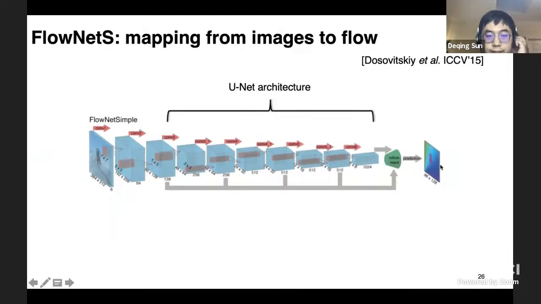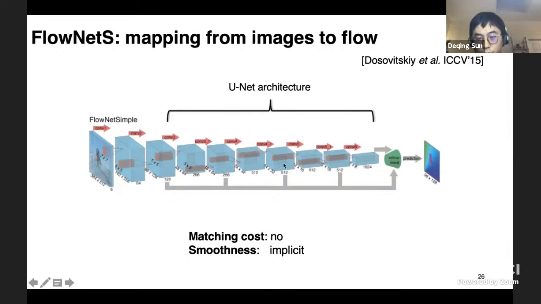Judged by the domain knowledge of optical flow, say the data term or the matching cost, this network has no notion that it needs to compare pixels. And the smoothness is implicit because the spatial convolution has some spatial regularity applied to the output optical flow.